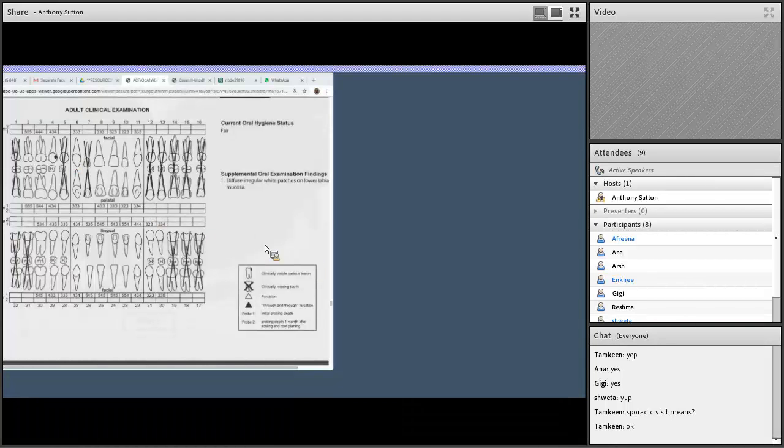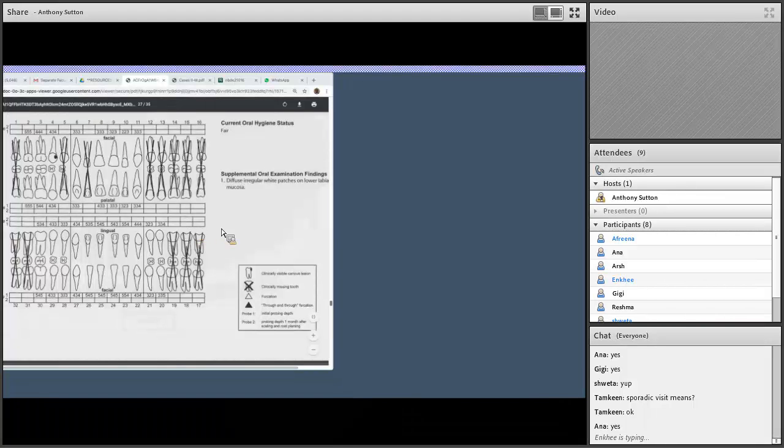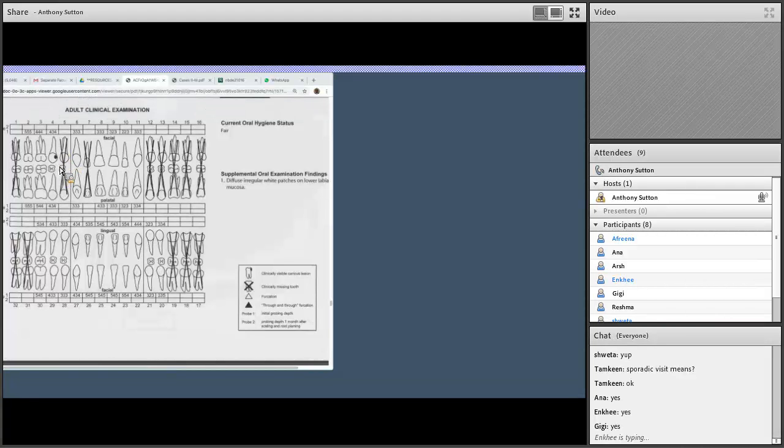Okay, you guys see my screen. I don't know if you can see my mouse. Okay. So if you see my mouse, you see this tooth number 4, there's this little black dot that's here on the tooth. That black dot means that when you looked in the mouth, you saw a cavity. All right. They are going to chart on here what you can see clinically. If you look down at the key here, it says clinically visible carious lesion.